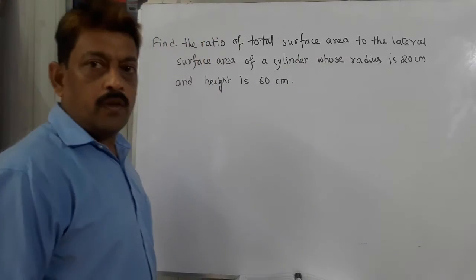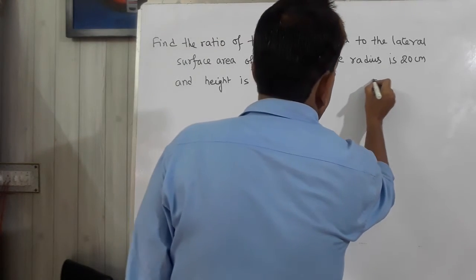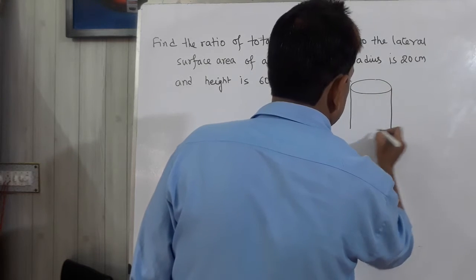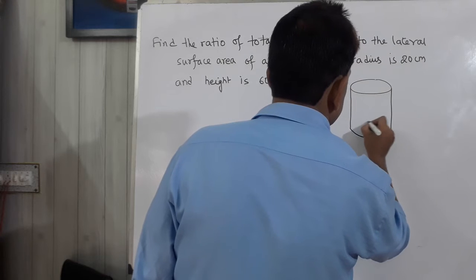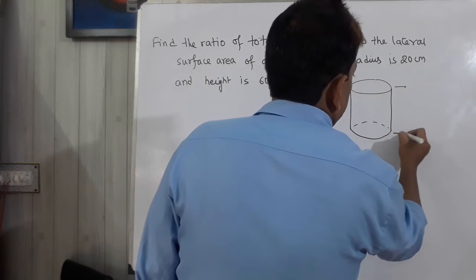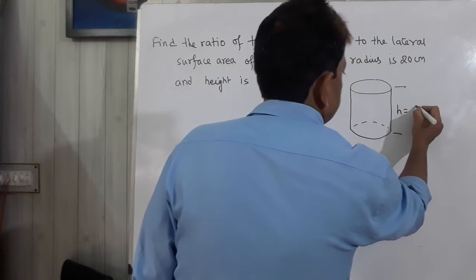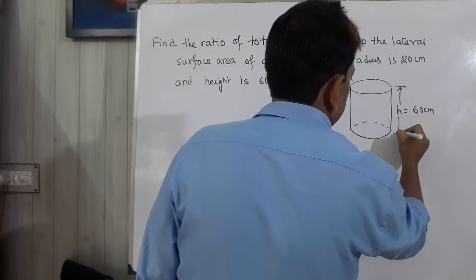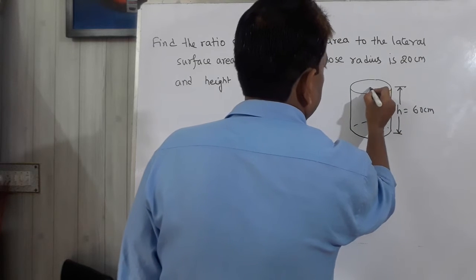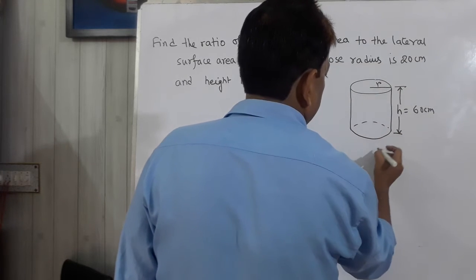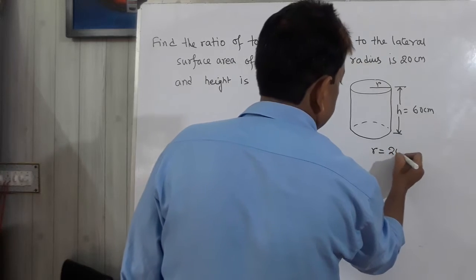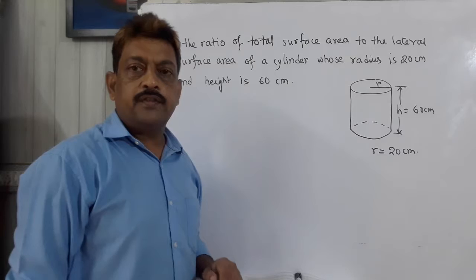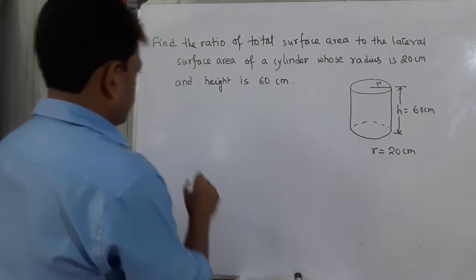Okay, so a cylinder, the height is given as 60 centimeter and the radius r is given 20 centimeter. We have to calculate the ratio of total surface area to the lateral surface area.